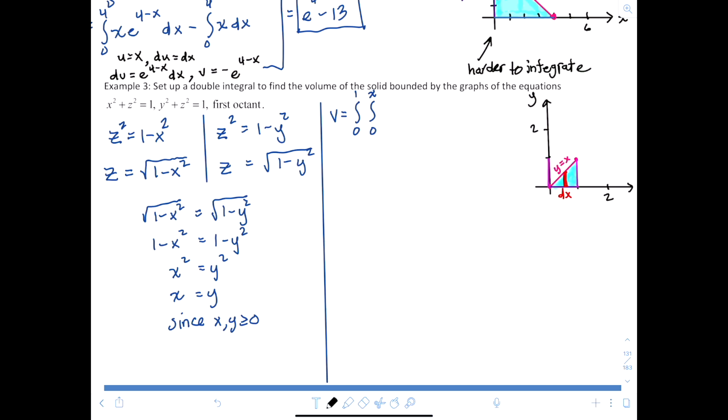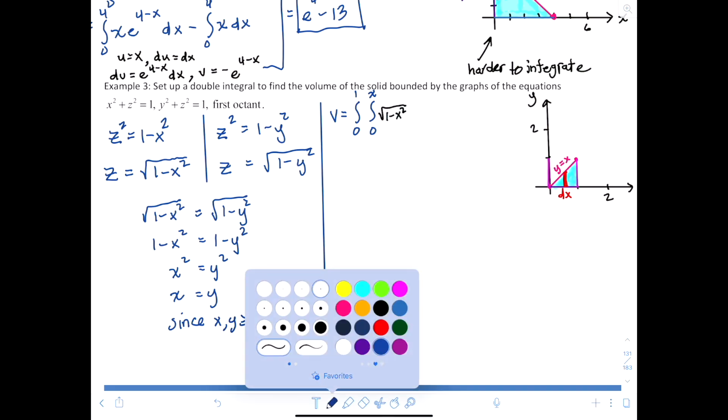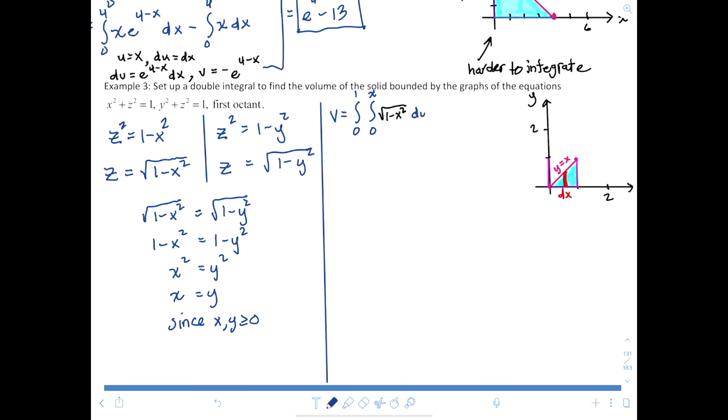So since we're setting this up as vertically simple, we're going to go ahead and use the root 1 minus x squared, and you'll see why in a minute. So dy dx. Then our volume will equal the integral from 0 to 1, and then we're going to get root 1 minus x squared times y, because we're treating the x as constant. And y will go from 0 to x.